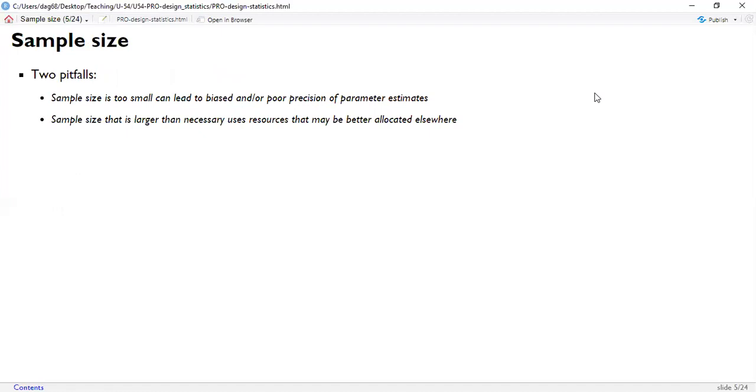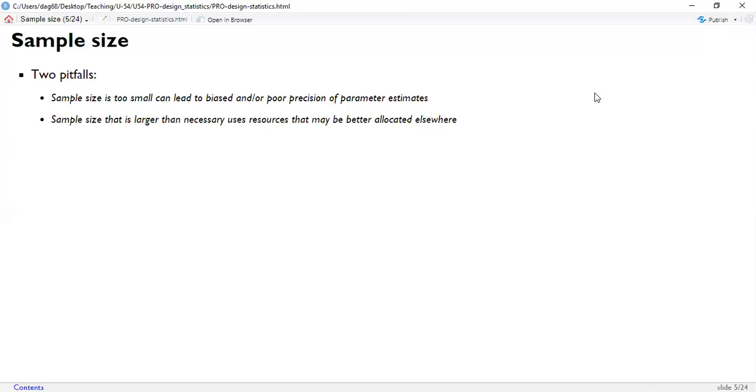So for sample size, there's 2 pitfalls, really. One is that you have a sample size that is too small, which may lead to a biased estimate of, say, a factor loading or the IRT version of a factor loading, which is a discrimination parameter, or you can estimate it without bias, but it has such poor precision that it's not that useful anyway.